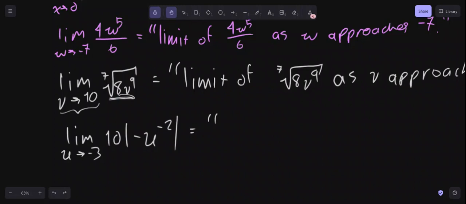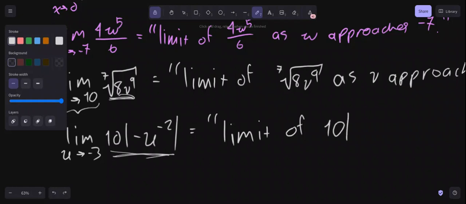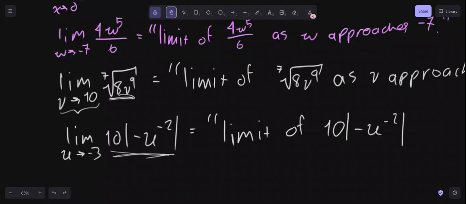Alright, so again, we're talking about LIM, which is how we shorten limit. That LIM means we're taking the limit of something. Limit of what? It'll be the thing that comes right after the LIM: the limit of 10 absolute value of negative u to the negative 2.